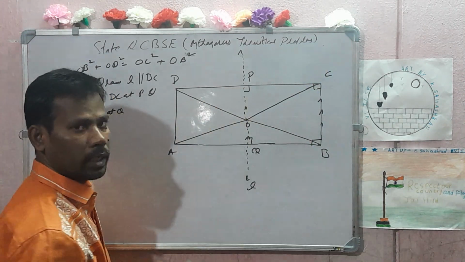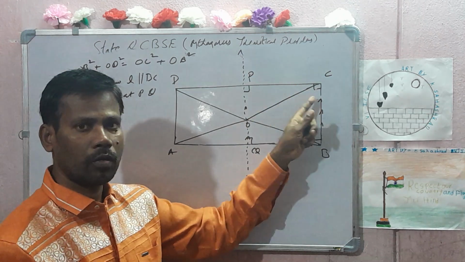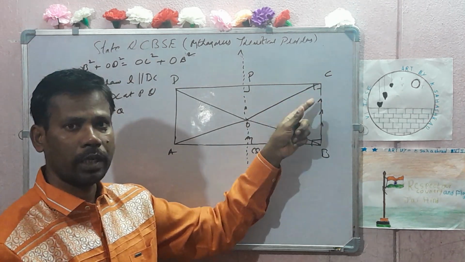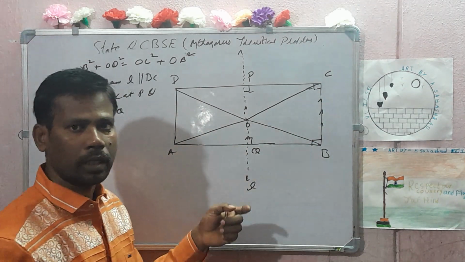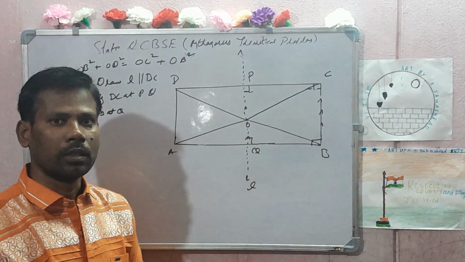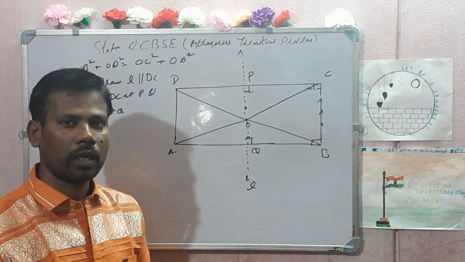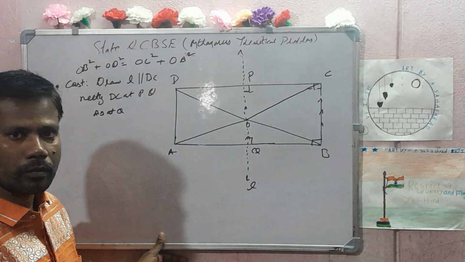So this angle will be 90. How is it 90? When you measure this and this, the sum should be 180 because these lines are parallel and this is a transversal. The sum of interior angles lying on the same side of the transversal is 180. Please remember that one.